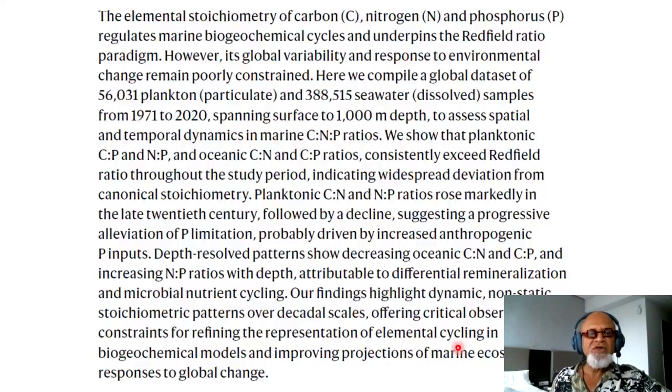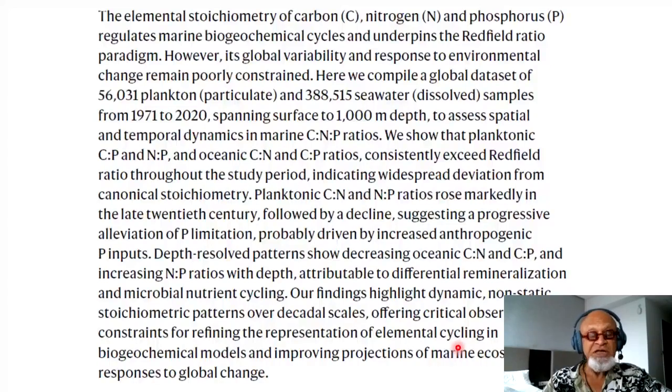We show that planktonic C to P and N to P and oceanic C to N and C to P ratios consistently exceed Redfield ratios throughout the study period, indicating widespread deviations from canonical stoichiometry. Planktonic C to N and N to P ratios rose markedly in the late 20th century, followed by a decline, suggesting a progressive alleviation of phosphorus limitation, probably driven by increased anthropogenic phosphorus inputs.